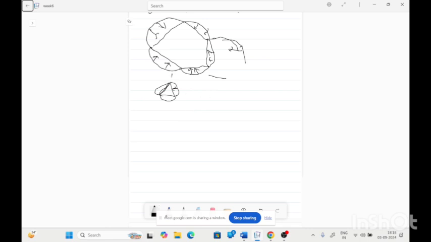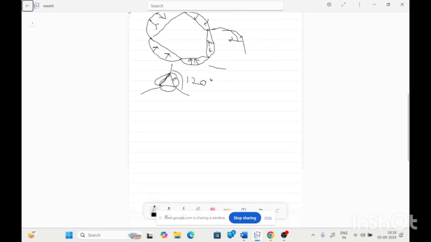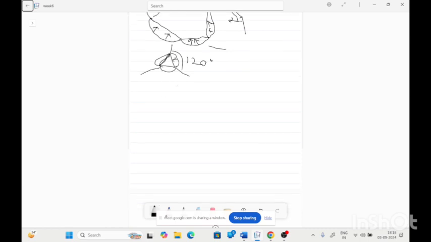So the angle between them is maintained at 120 degrees, because this curvature tends to move toward the center, and ultimately they disappear. And grains of more than 6 sides are of this type.